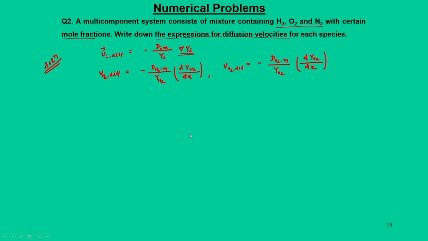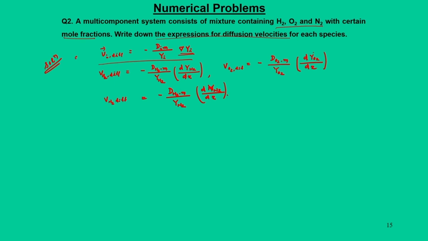What is given is the mole fraction of Y H2, Y O2 and Y N2. Last term, we can write V N2 diffusion as minus D N2 m divided by Y N2, d of Y N2 divided by dx. This is one way we write the diffusion flux.